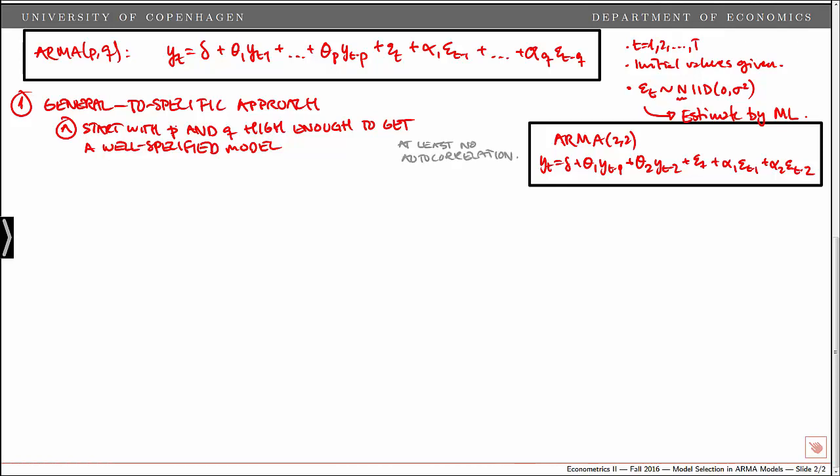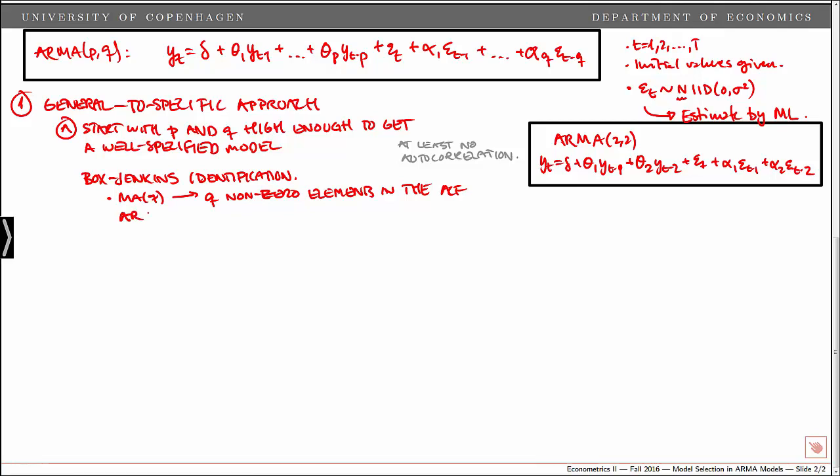Alternatively, we can select p and q by what is called Box-Jenkins identification, which is based on the idea that an MA(q) process will have exactly q non-zero elements in the autocorrelation function.